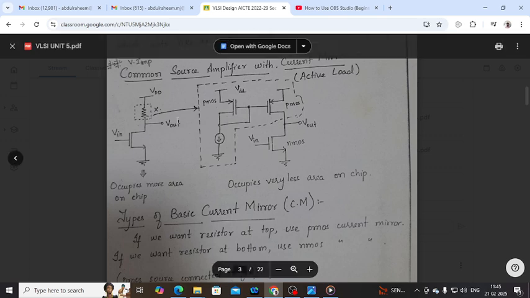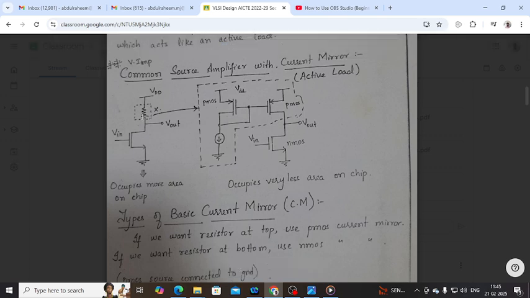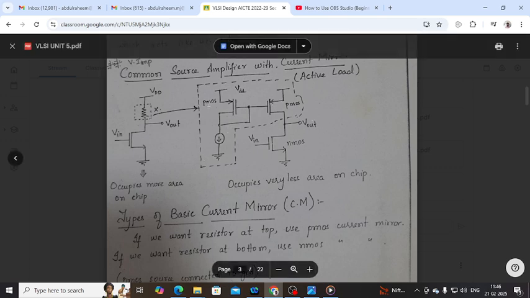Why are we replacing it? There is a drawback: area. Very important point: a resistor will occupy more space in an IC. We are replacing this resistor at the transistor level. That's the reason we use a current mirror. This is your active load, which occupies very little space.